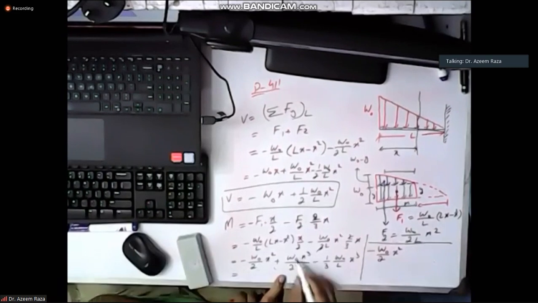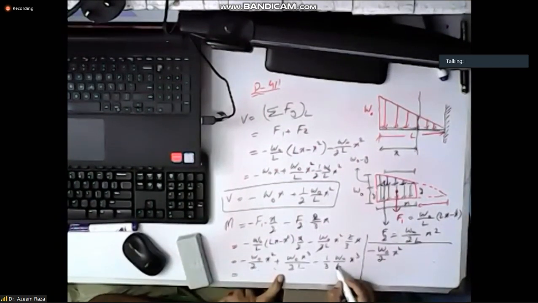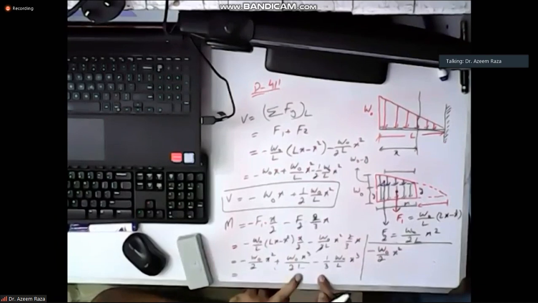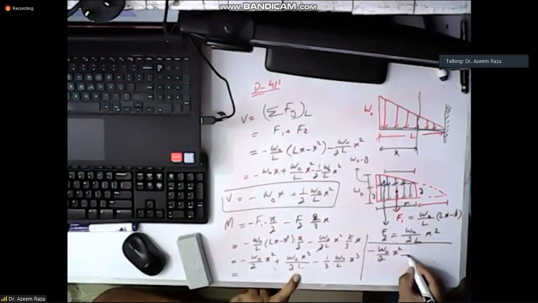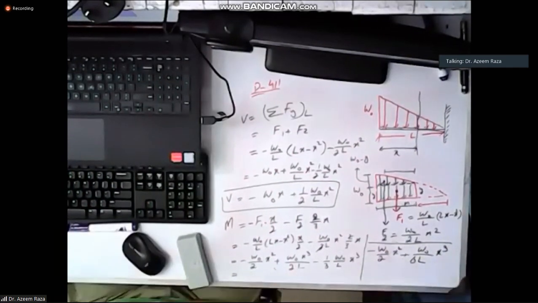Now this is w naught over 2l x cubed. This is w naught over 3l x cubed. So I took the LCM. That will be 6. And if we take a 6 LCM, this will be 3 and this will be 2. So basically it's 3 minus 2. That will be plus w naught over 6l and x cubed.